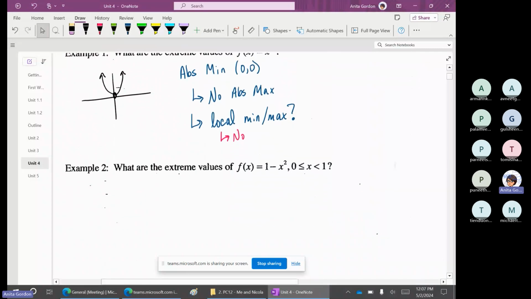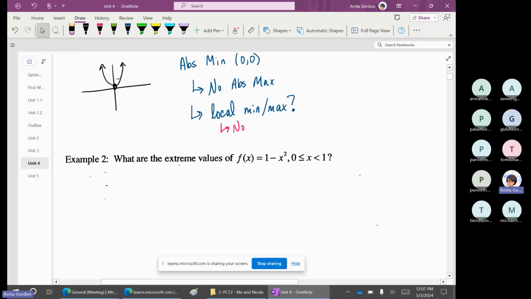Okay, example 2. What are the extreme values of 1 minus x squared between, this is important here, look at the restrictions. I'm restricted between 0 and 1, 0 inclusive, 1 exclusive. Do we recognize this function?